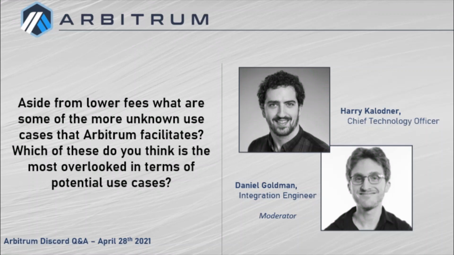So I think, to start with the most obvious one to users, and we'll talk more about this a little later, is fast sequencing of transactions. In Ethereum, there are a lot of things that are annoying about the user experience, but one of the big ones is having to wait for your transaction to get included into a block. Using Arbitrum as an L2 with the sequencer chain, you won't need to do that.